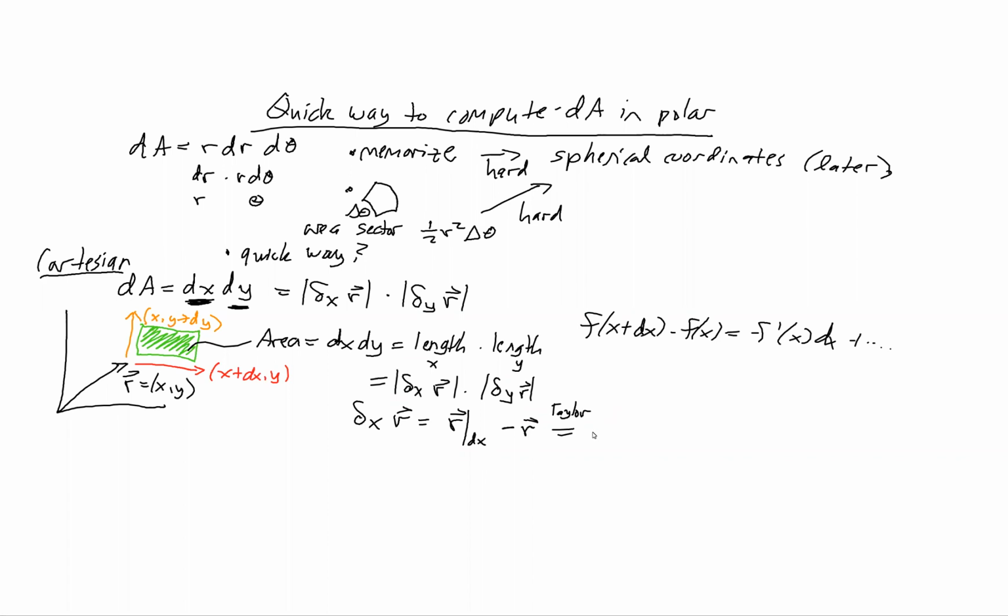So if dx is really small, this is just the partial derivative of r times dx plus something small. So what I've shown is that dA is the partial derivative of r with respect to x times dx times the partial derivative of r with respect to y times dy.